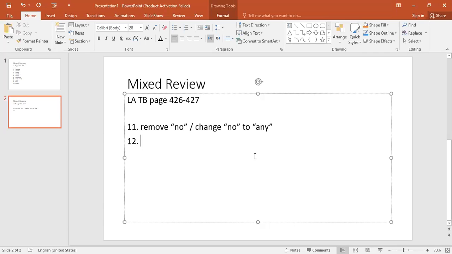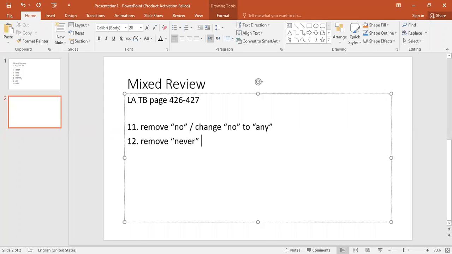So we can remove never. We should remove never, not haven't. Okay, I haven't heard this drummer before, or I have never heard this drummer before.